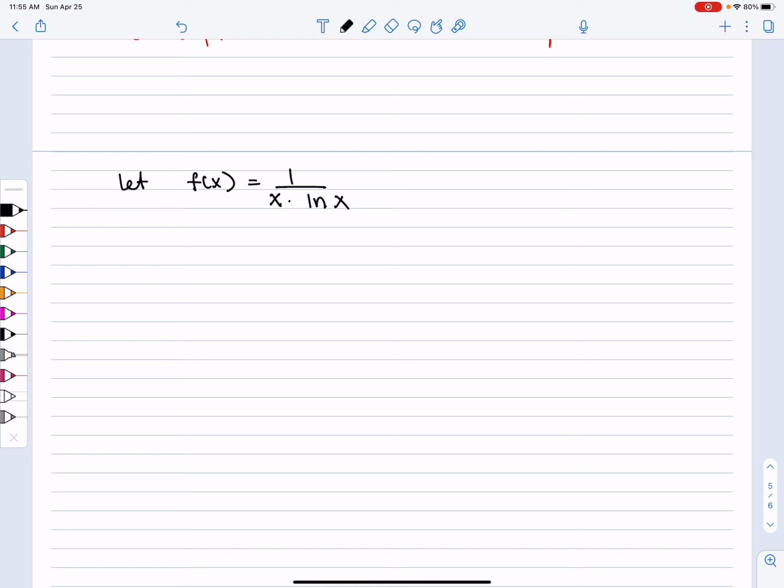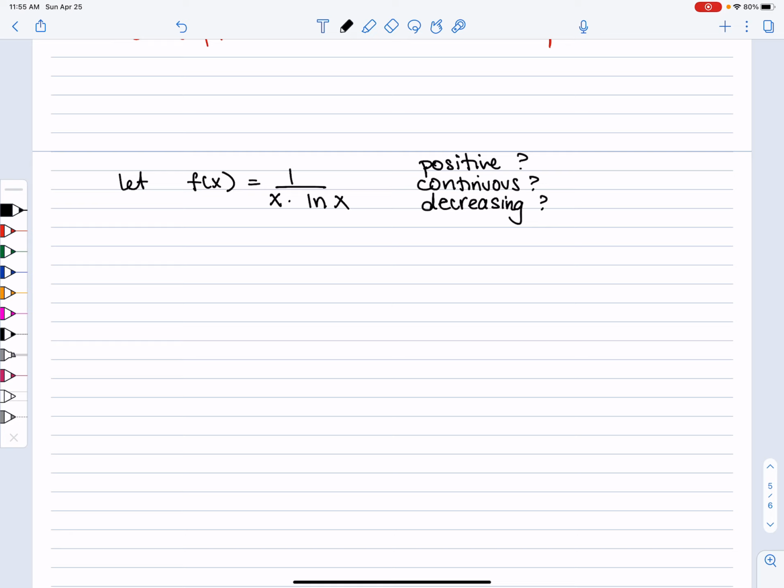Remember, when you're using the integral test, you need to establish those 3 conditions. You need to establish that your function is positive, continuous, and decreasing. So you need to show that the 3 conditions hold true.